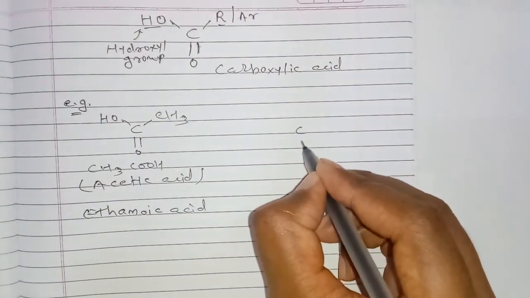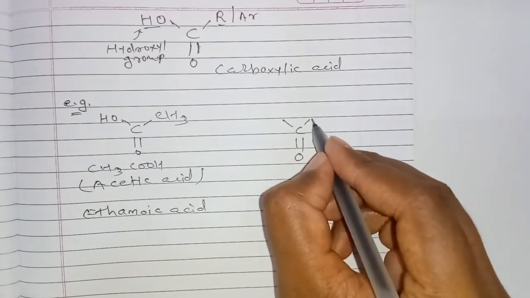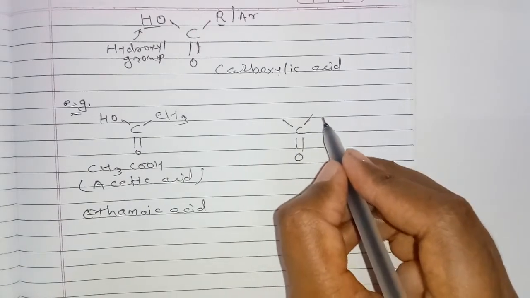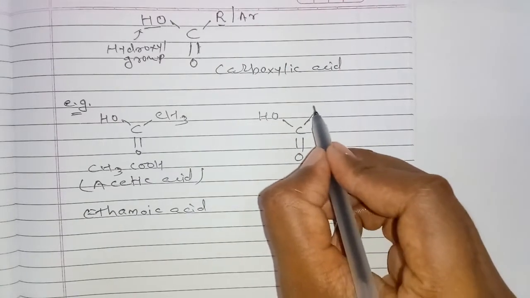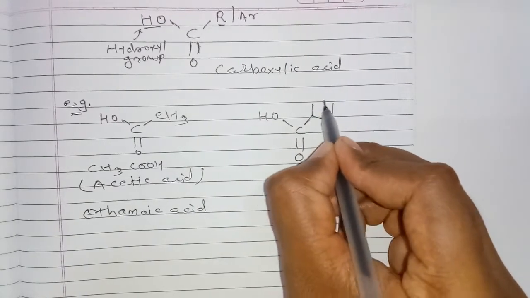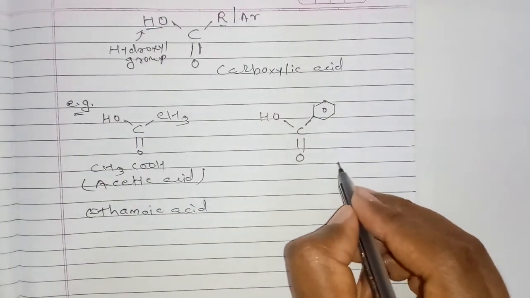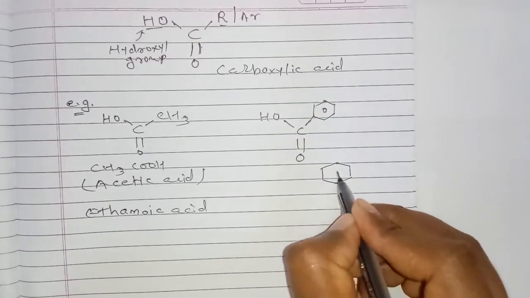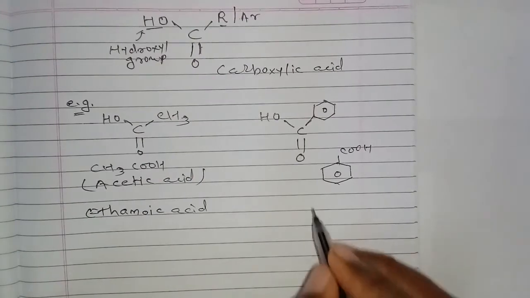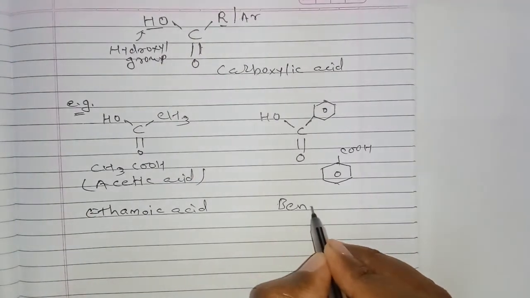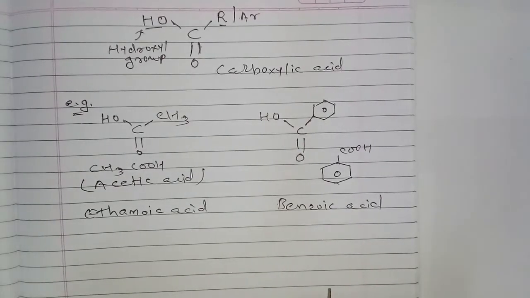And here the carbonyl group of the carbon is bonded with a hydroxyl group and an aryl group, this benzene ring. Its simple structure is C6H5COOH, and it is named benzoic acid.